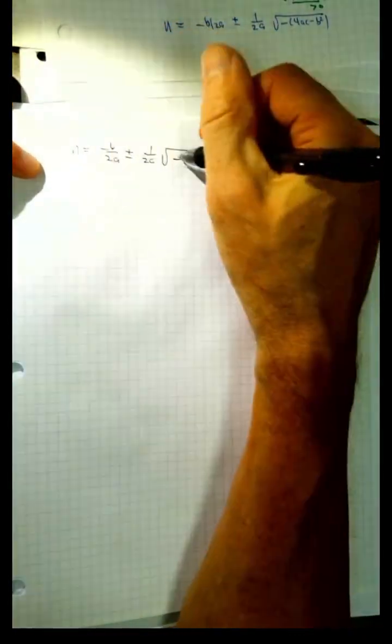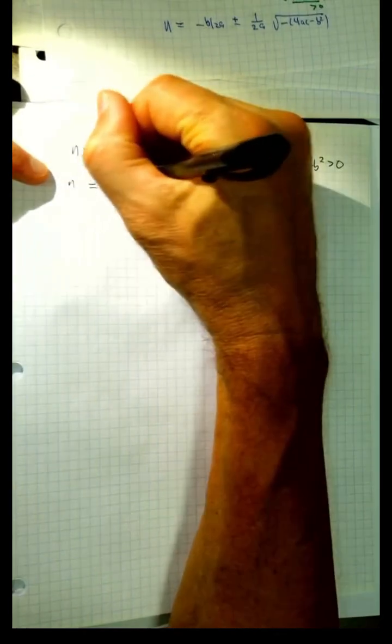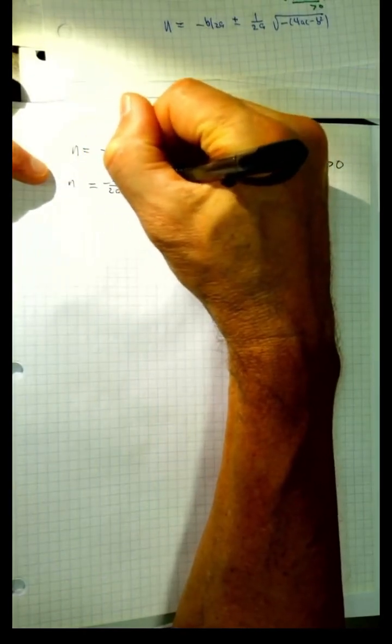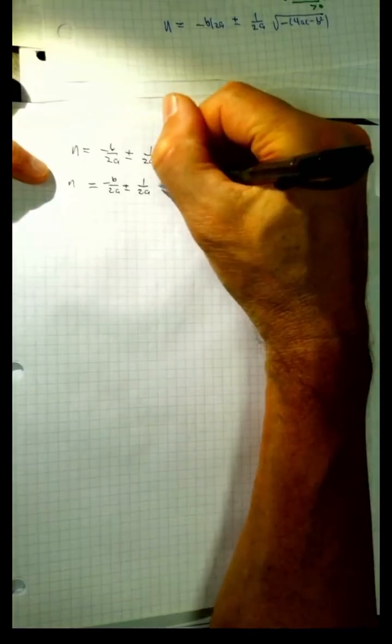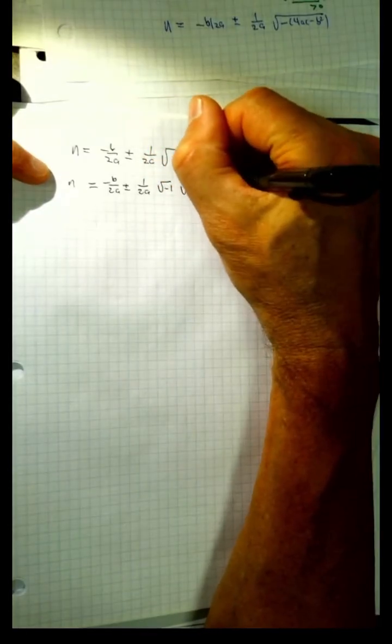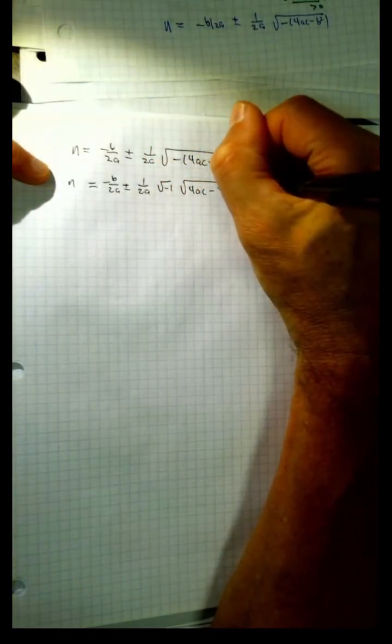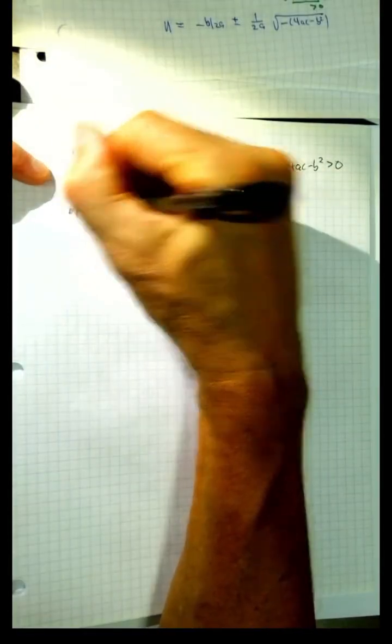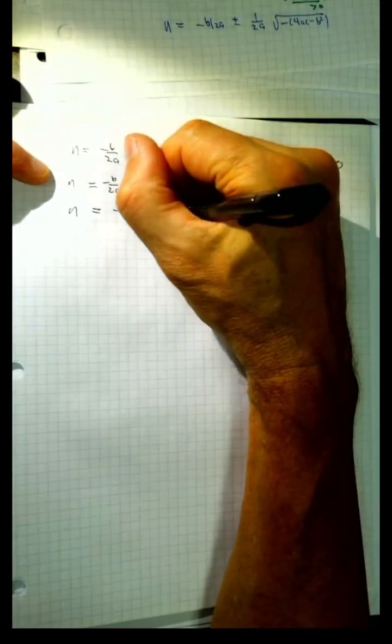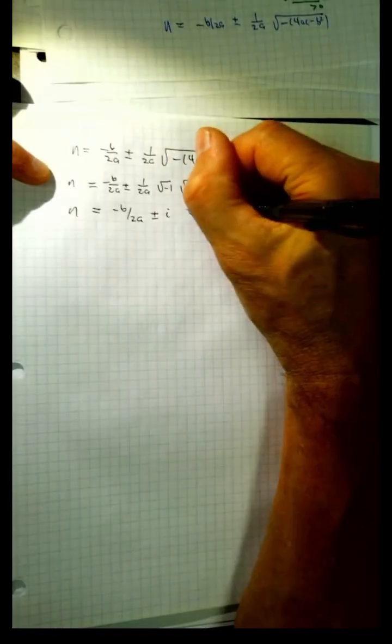I can factor out that minus 1, and that becomes the square root of minus 1. And we have another way of expressing the square root of negative 1. We call that i.